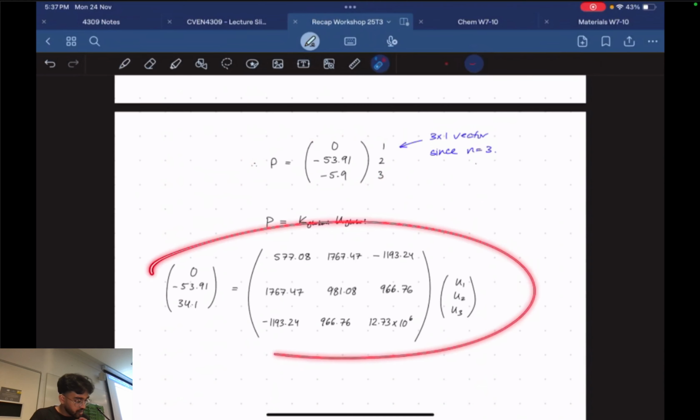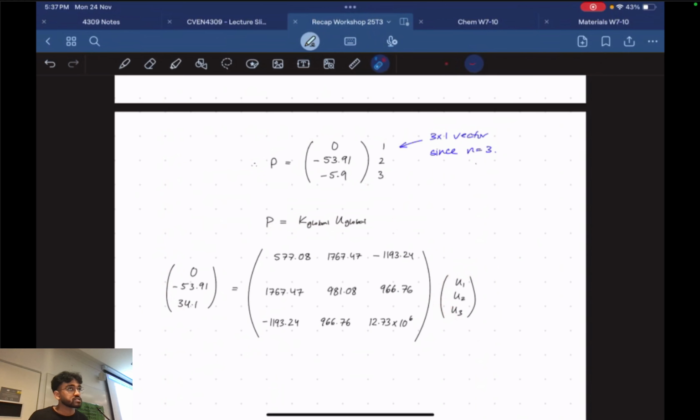And what I'm going to do is solve for U1, U2, U3 using simultaneous equations.